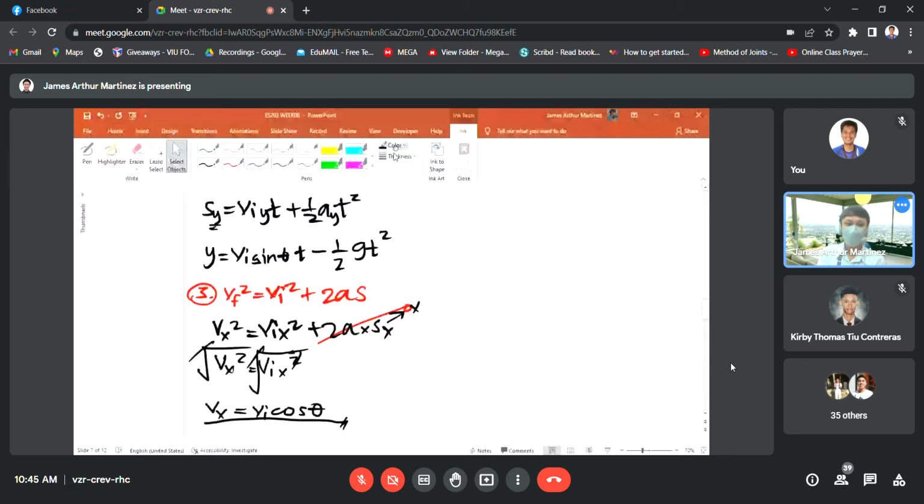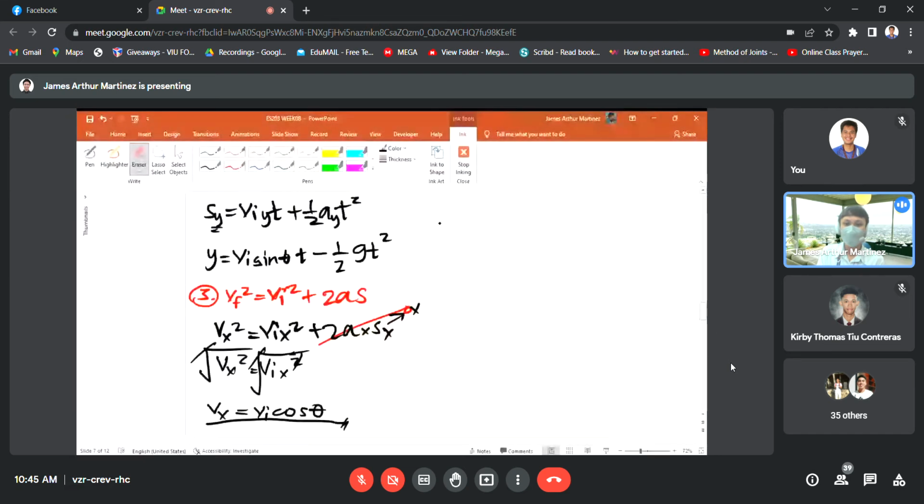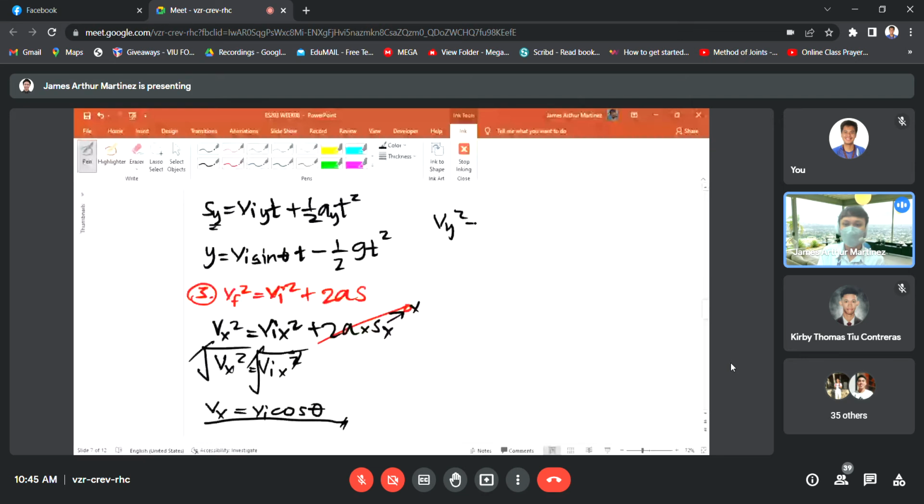Okay? Now for the y component, we have Vy squared is equal to Viy squared plus 2 ay sy. Then Vy squared is equal to Vi sine theta, plus 2, ay is negative g, so minus 2g, then sy, which we denote as y since you are simply computing for the vertical displacement.